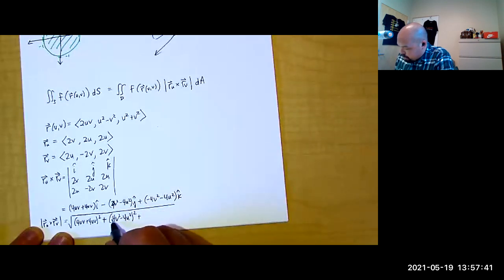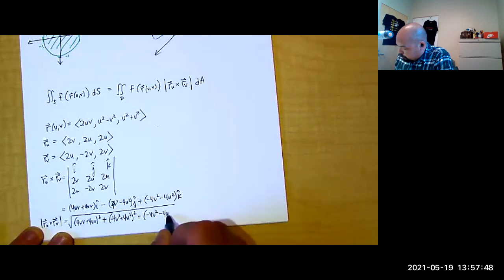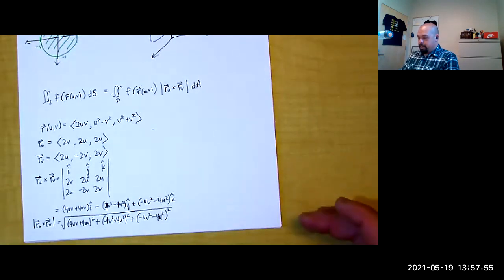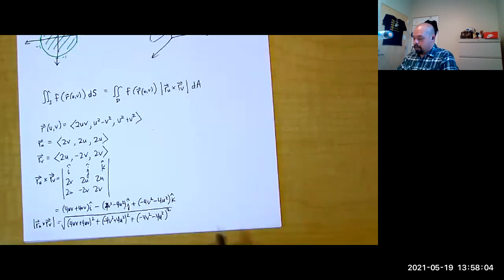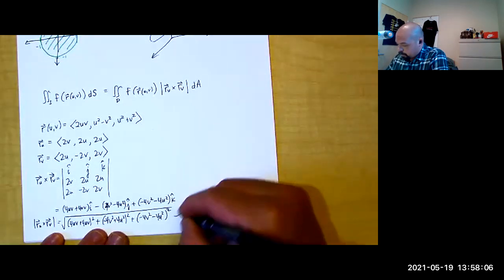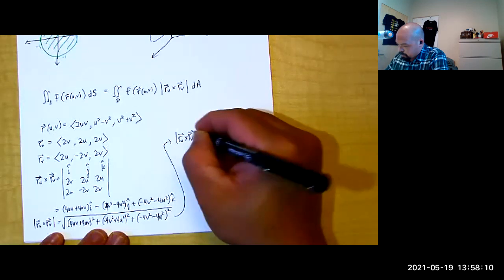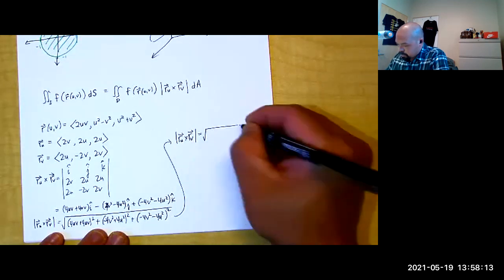Then this is negative 4v squared minus 4u squared, squared. So going through that work here, let me simplify.